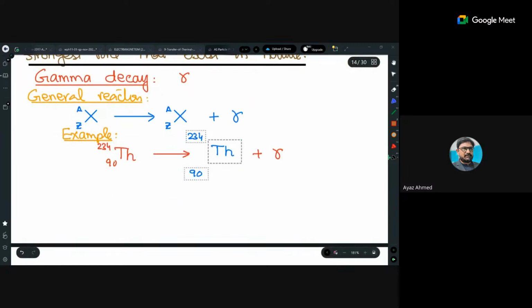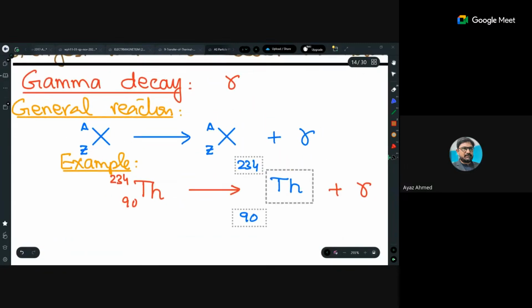Okay, then let's talk about gamma radiations, gamma decay. Gamma decay is nothing, just the energy level changes, and when the energy level changes, A and Z remain unchanged.